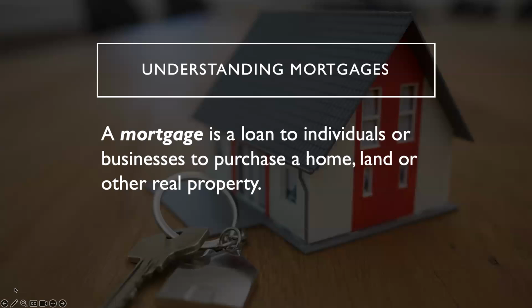So, mortgages are often securitized by the mortgagor. So, who is the mortgagor here? The mortgagor is the lending company or the financial institution. We as individuals or our businesses are the mortgagees.